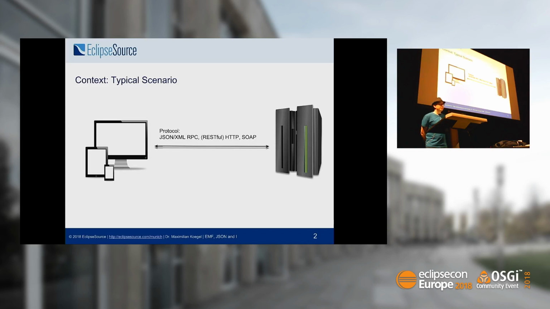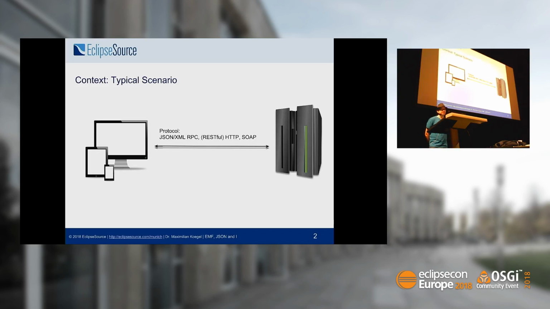It doesn't really matter which one, maybe JSON RPC, XML RPC, some RESTful API that communicates through HTTP, or even SOAP. And at some point, when you use those protocols, you will need to encode some data that you need to send back and forth.